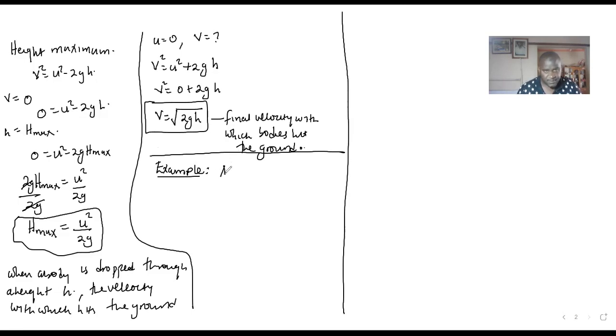So a question: a body is projected vertically upwards with a velocity of 24 meters per second.